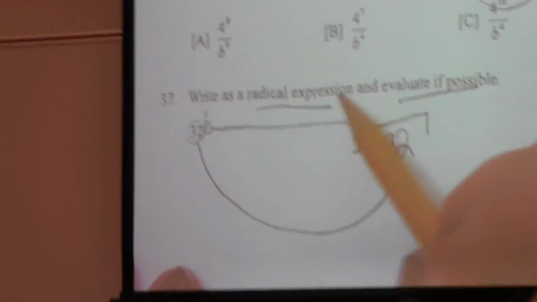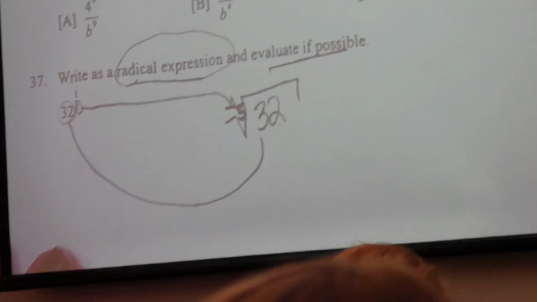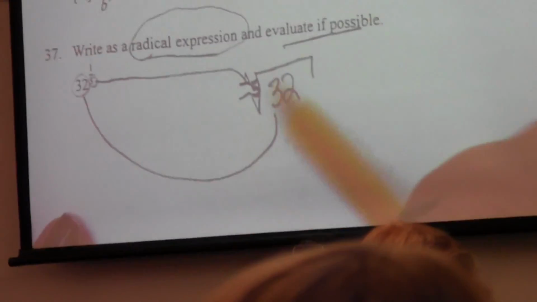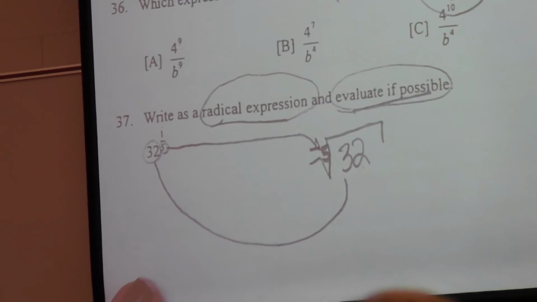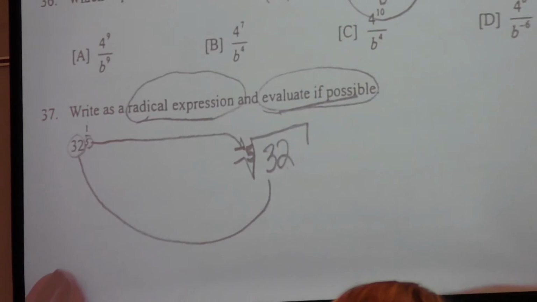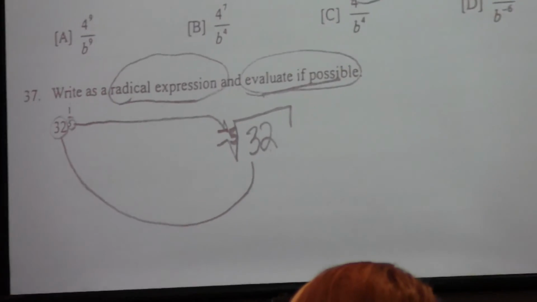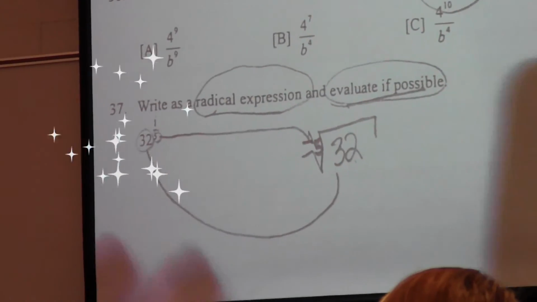So the first thing we had to do is write it as a radical expression. 32 to the 1/5 is the same thing as the 5th root of 32. The second thing they ask us to do is evaluate that, or find the number that equals 32 to the 1/5. Seb, how can we do that? Lovely, I love that option as well. That would be what I would pick myself.